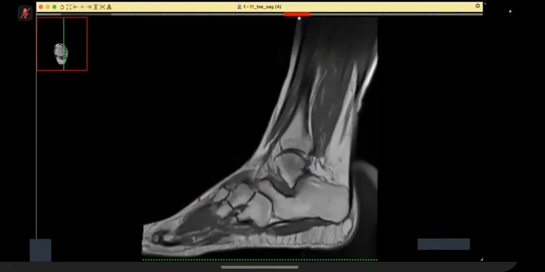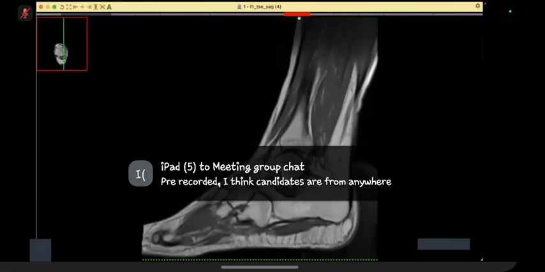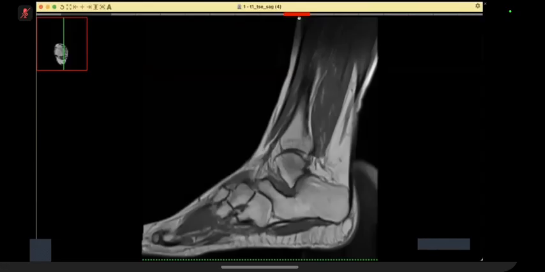They will always start with plain films. And on plain films, the key point to remember is the concept of which views are important. One key point is that on the lateral X-ray, be it of the foot or of the ankle, there are always secondary effects at the talus.